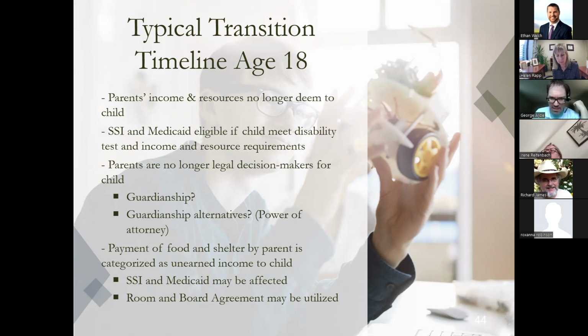Typically when that disabled child turns 18, they are likely still to be living at home. They are likely to still be going to school, but they are now an adult.